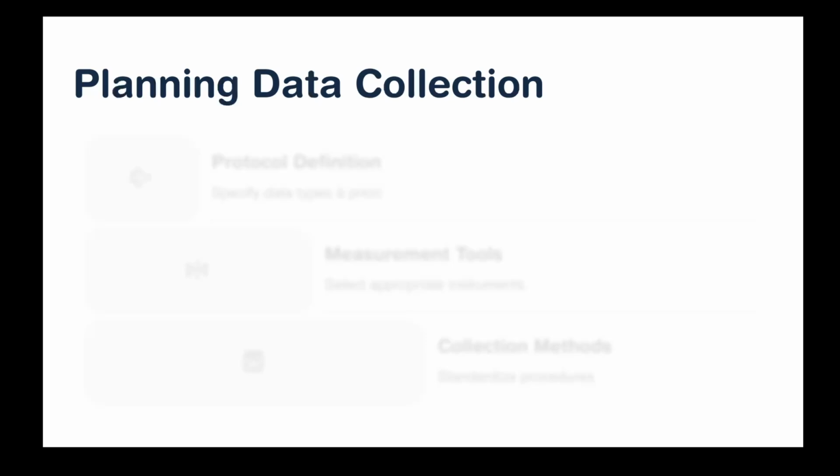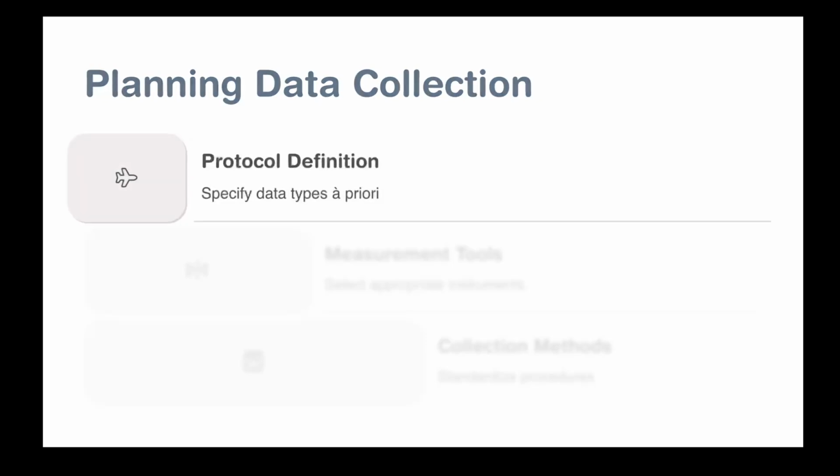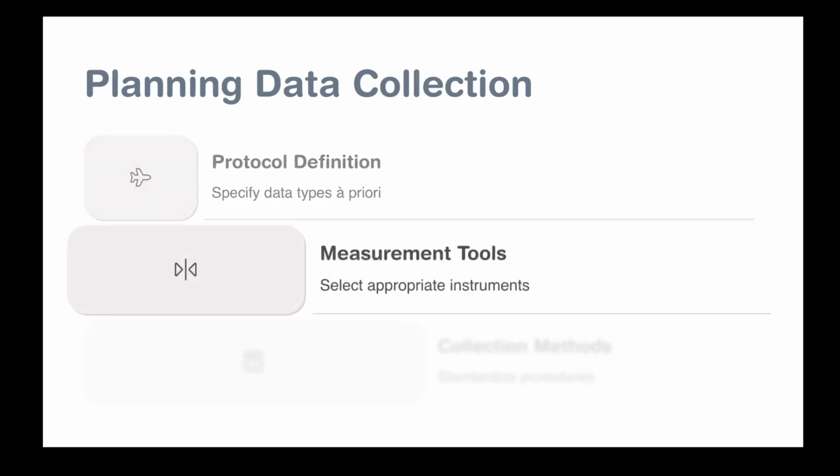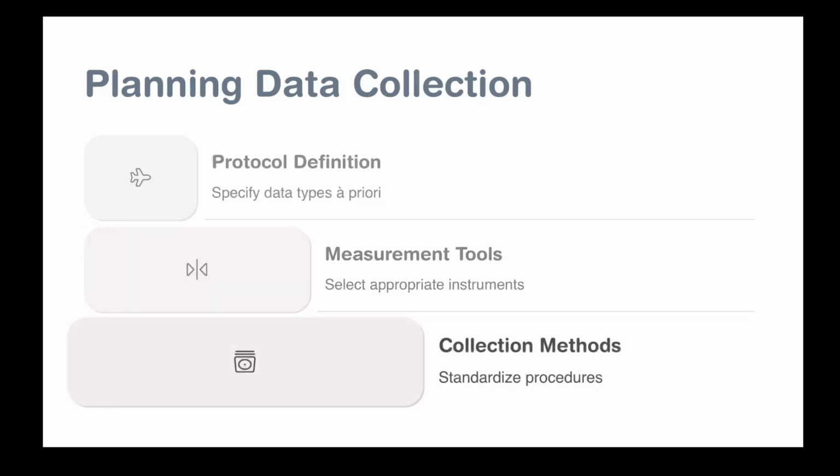So when we are planning data collection, we will define the protocol and specify data types beforehand. We also select appropriate instruments to measure, so we select our measurement tools as well. Then for the collection methods, we standardize the procedures.